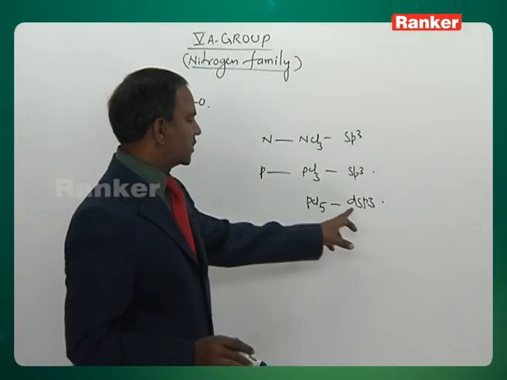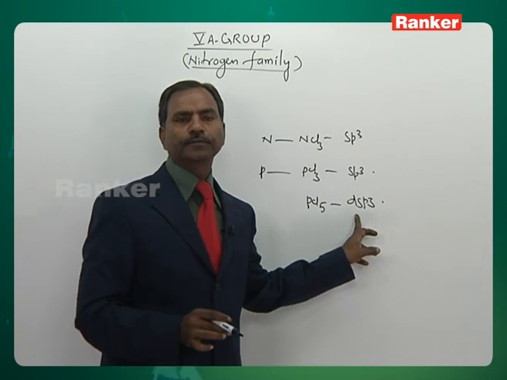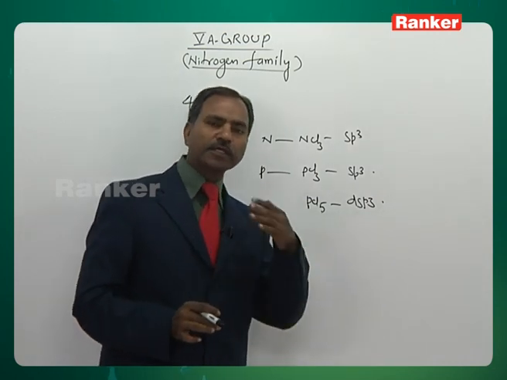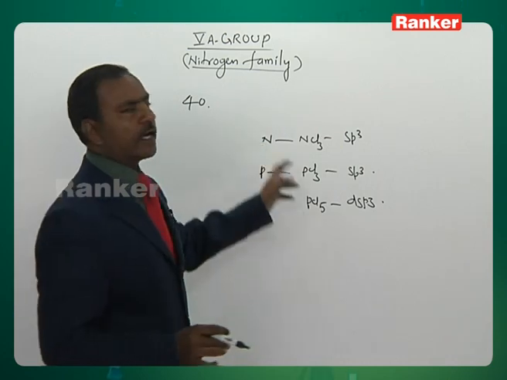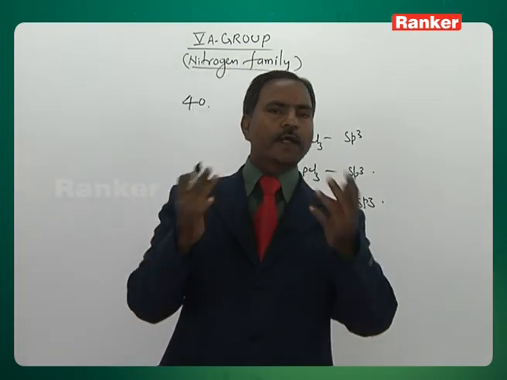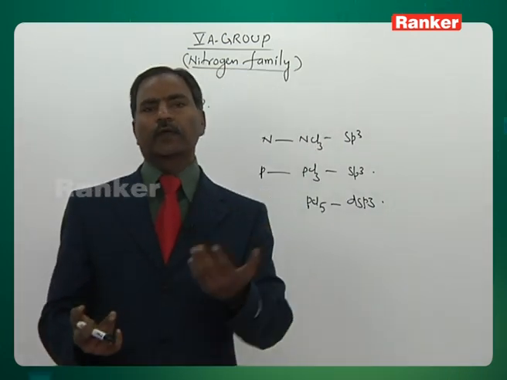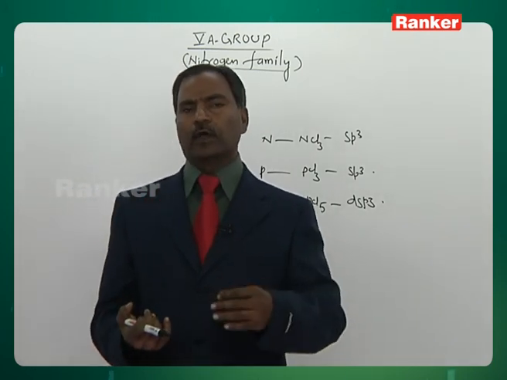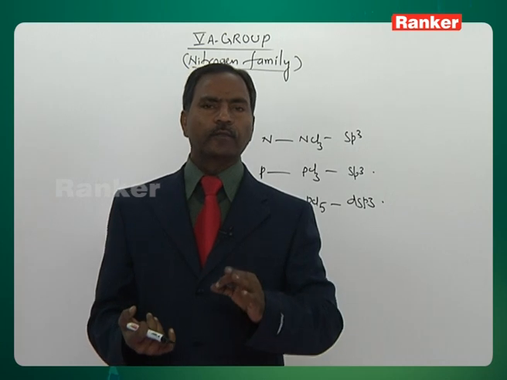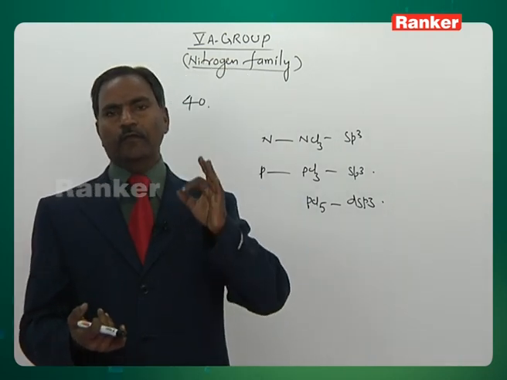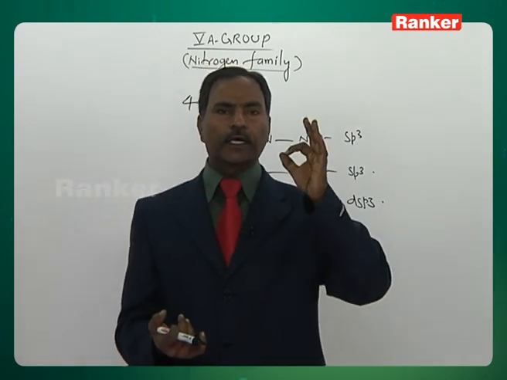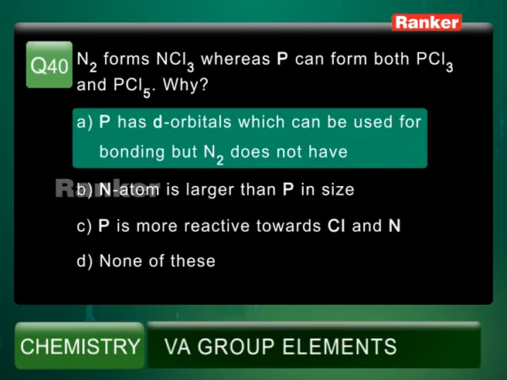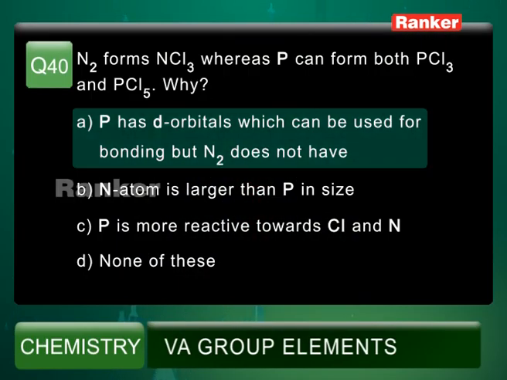The phosphorus atom is carrying vacant d orbitals, so it can form a compound like PCl5. But nitrogen lacks vacant d orbitals, therefore nitrogen cannot extend its coordination number up to 5. Therefore, NCl5 is not there because of the absence of vacant d orbitals in the nitrogen atom. Therefore, question number 40, answer is A.